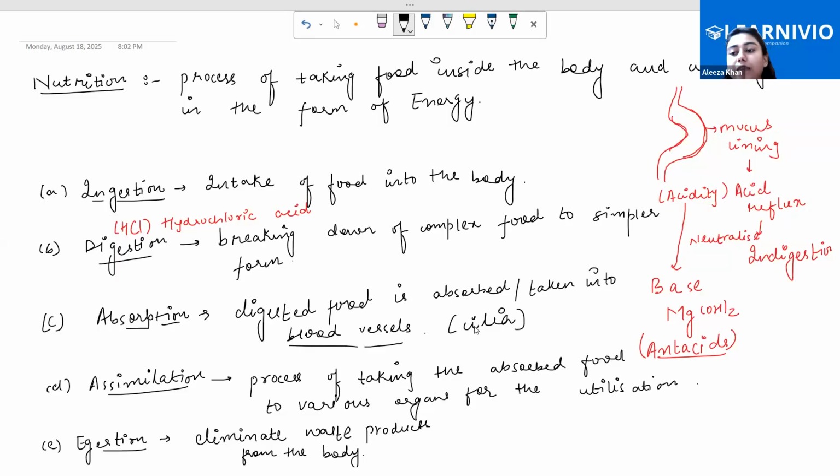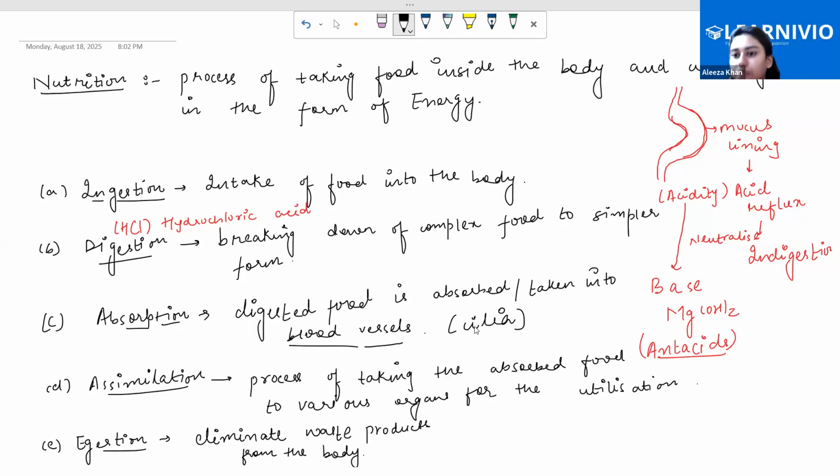I'll be showing you the figures for that, otherwise you will not understand it. I think I should start with digestion in humans in the next class, because it is an important topic and will require at least half an hour to explain, as there are various functions of each part.